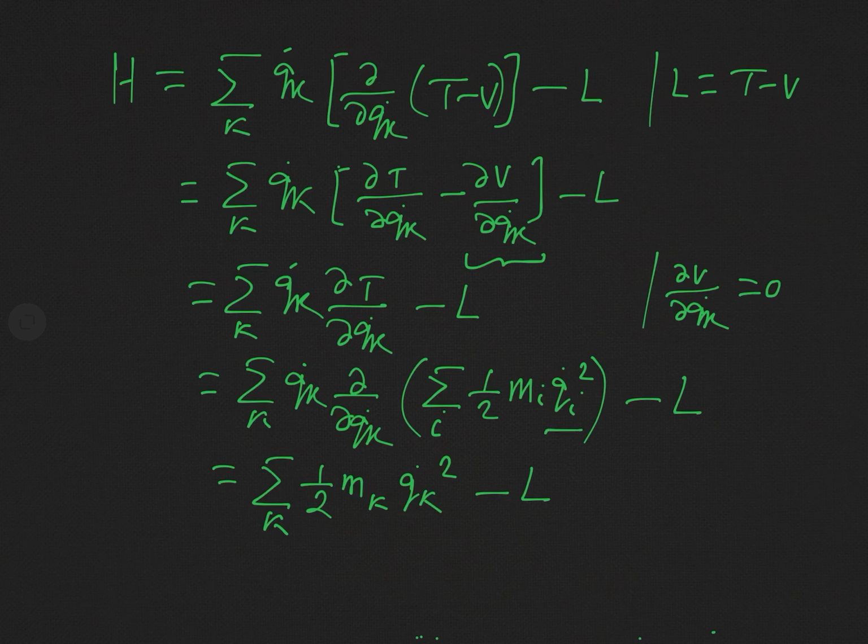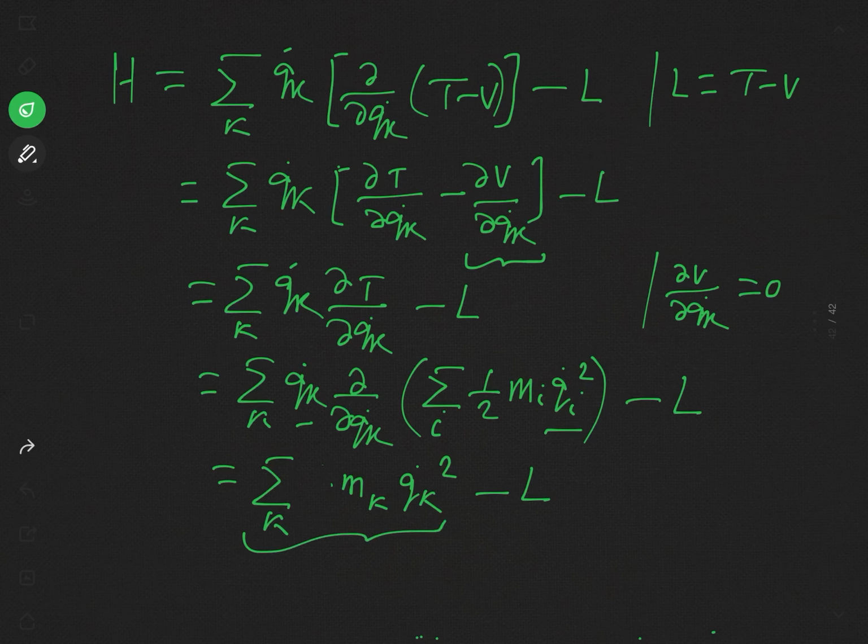If we will differentiate this q̇k square with respect to q̇k, then that will be simply 2q̇k, and this when multiplied by q̇k gives q̇k square. Actually the half factor will cancel out. And what does it represent?